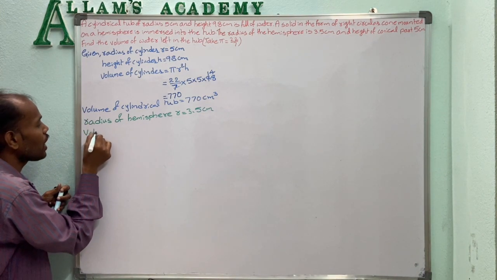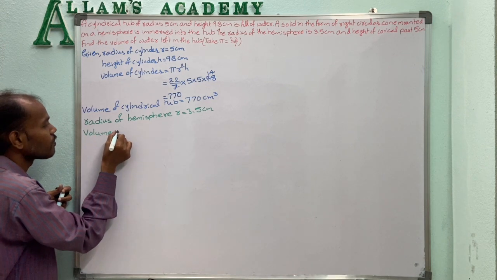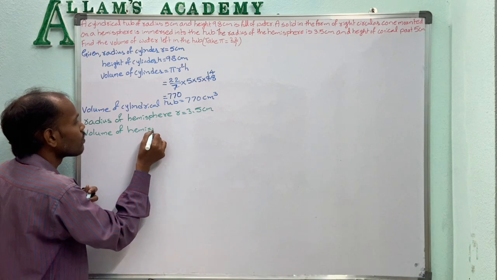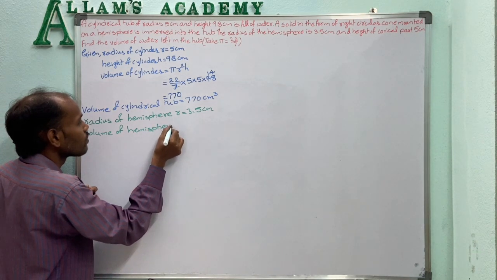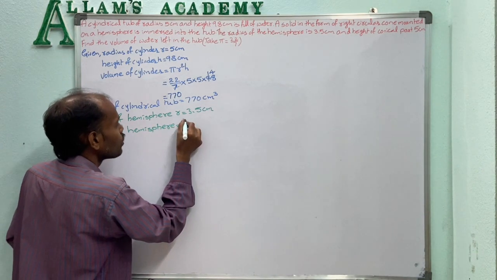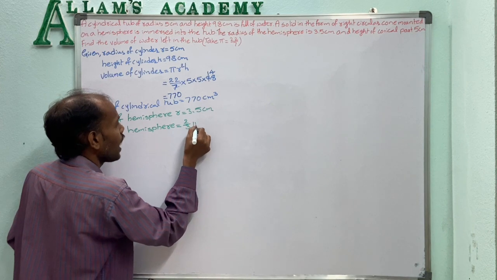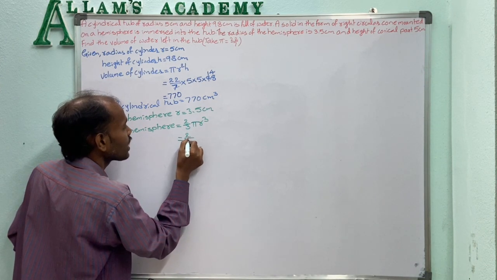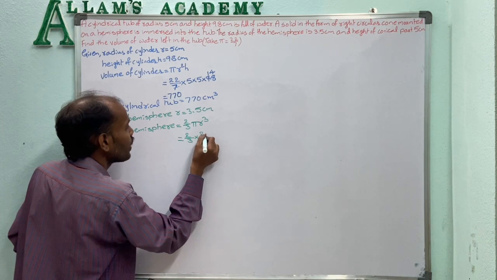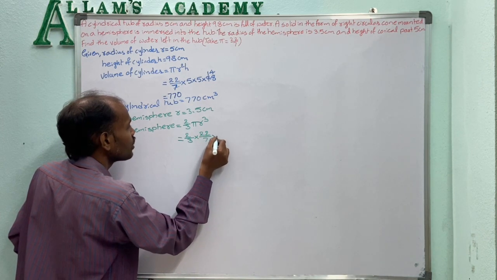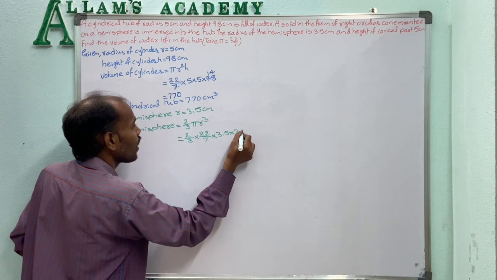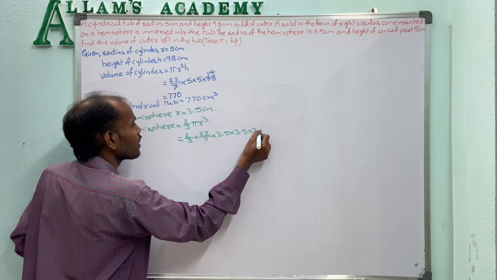So volume of hemisphere equal to 2 by 3 pi r cube, that equals 2 by 3 into pi, 22 by 7 into r, 3.5 into 3.5 into 3.5.